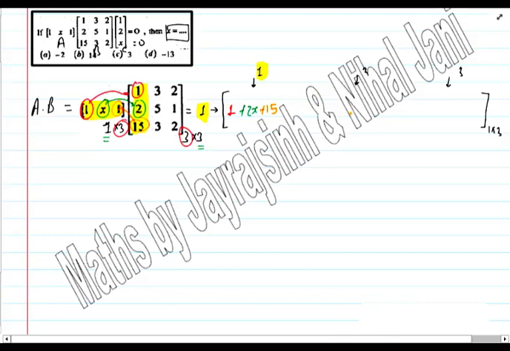And then the next element, in first row and second column, will be 3 plus 5x plus 3, and the last one, first row third column, we will obtain by 1 2s are 2, x 1s are x, and 1 2s are again 2.